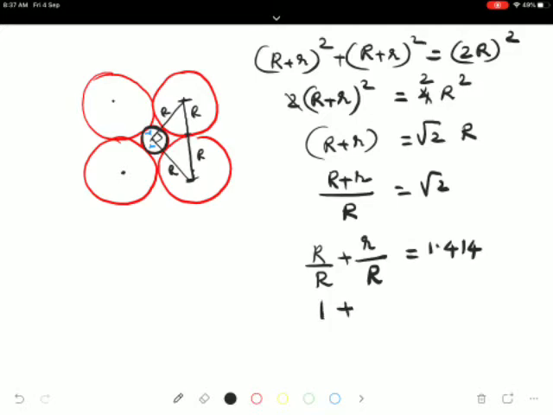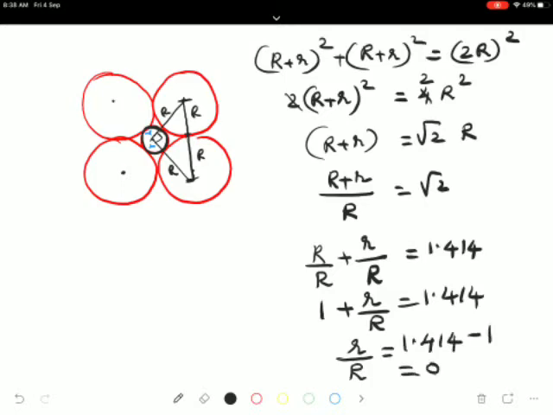This is 1 plus r divided by R is equal to 1.414, or r divided by R is equal to 1.414 minus 1, which is 0.414. So this is the radius ratio. The radius ratio small r upon capital R is equal to 0.414.